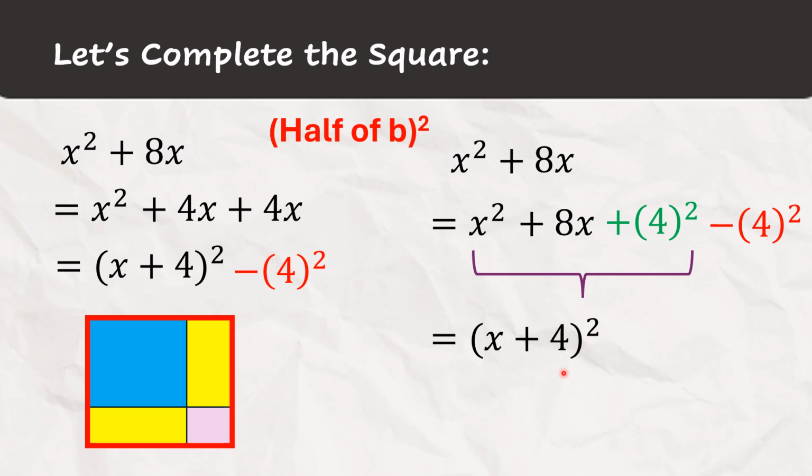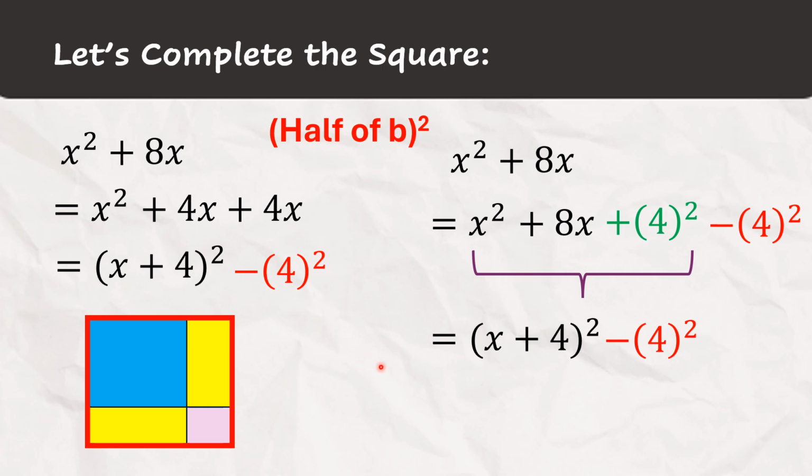So this gives me the perfect square x plus 4 squared. And with this negative 4 squared remaining, I get minus 4 squared. Hopefully by this, you get to see that using a visual approach, you actually get the same expression as what we do using the algebra method. So these two are actually the same. Hopefully you get to see the relationship between the two.